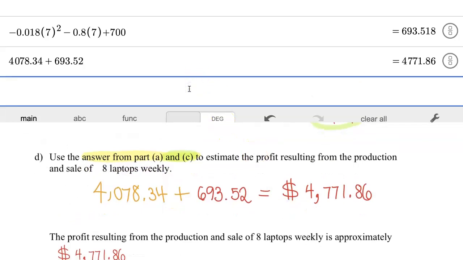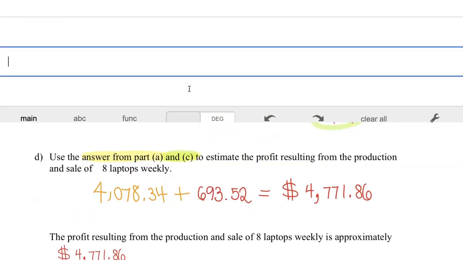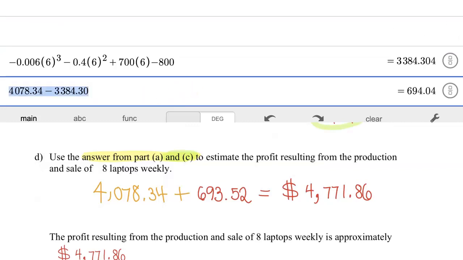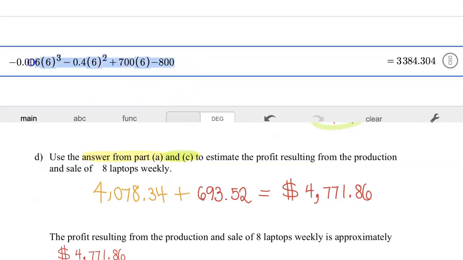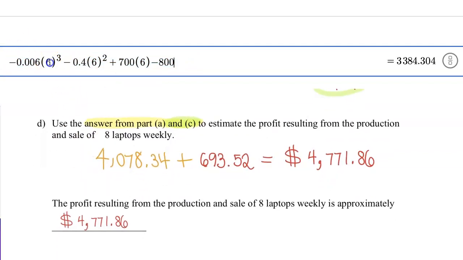I may do Control Z, Command Z several times to go back to that screen. Remember, this is the function we plug in to figure out how much profit we're going to have for, like, 6 laptops. If I change that to 8 and actually plug in 8 into the profit function, what I got is $4,771.33.